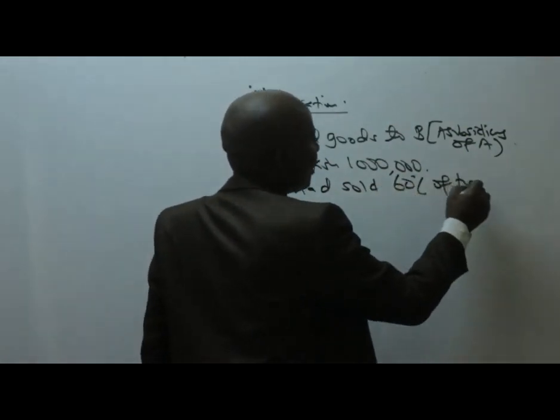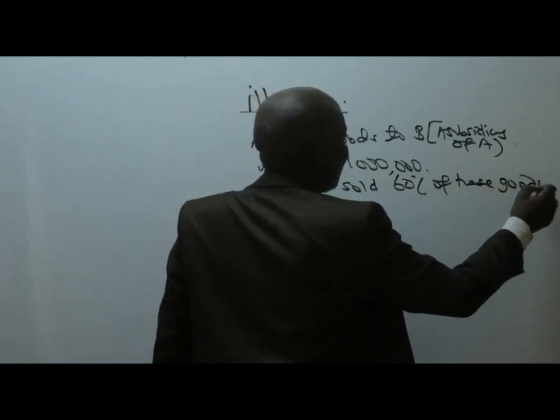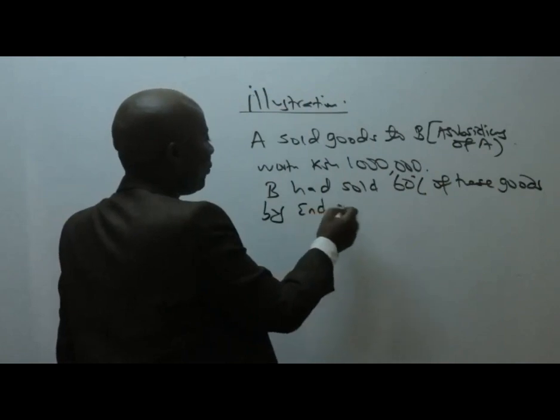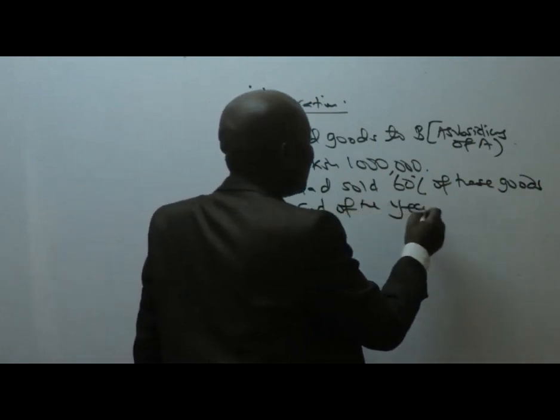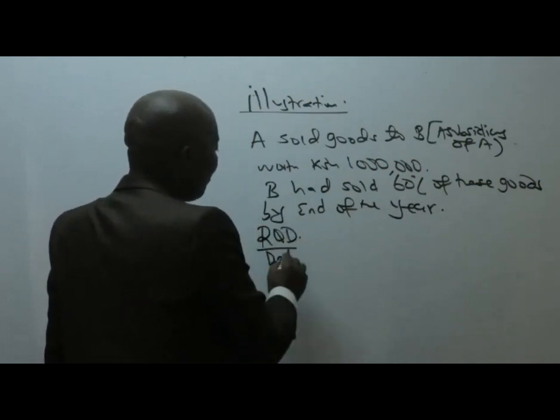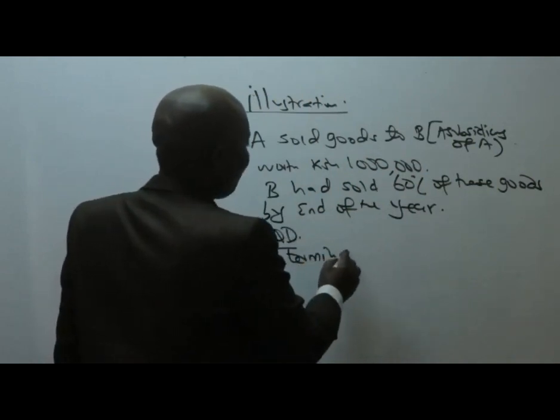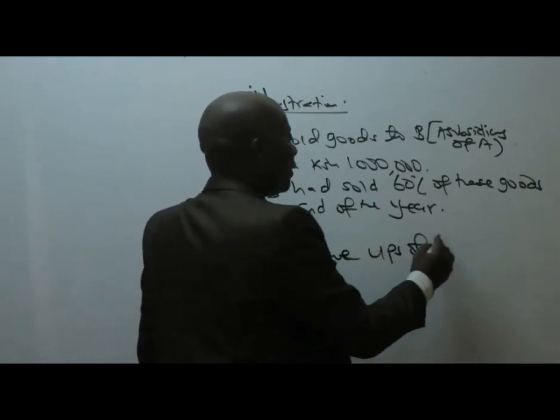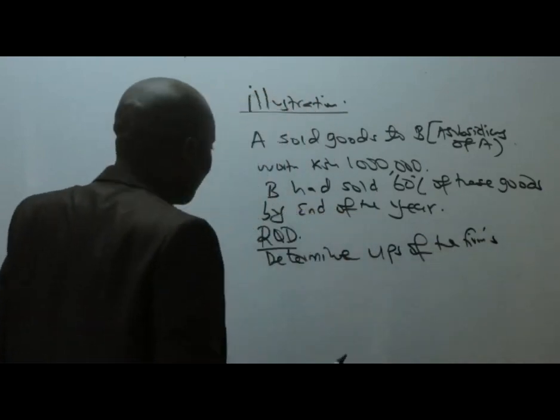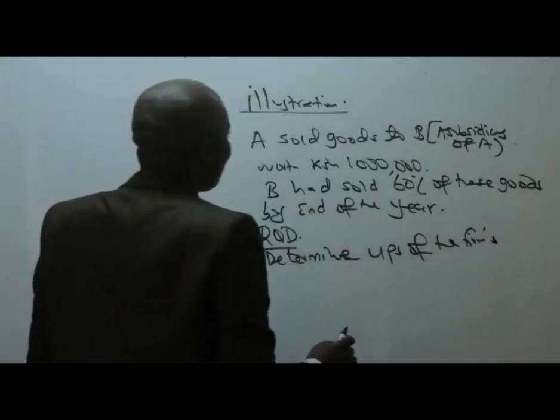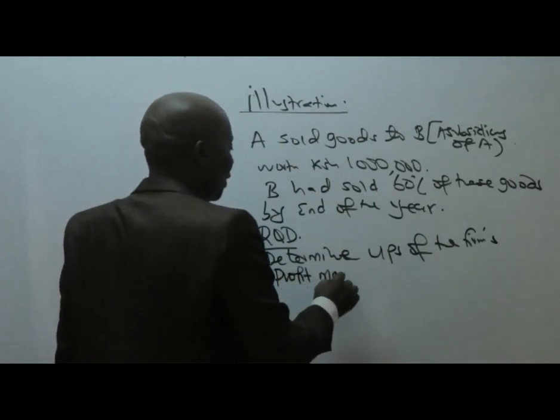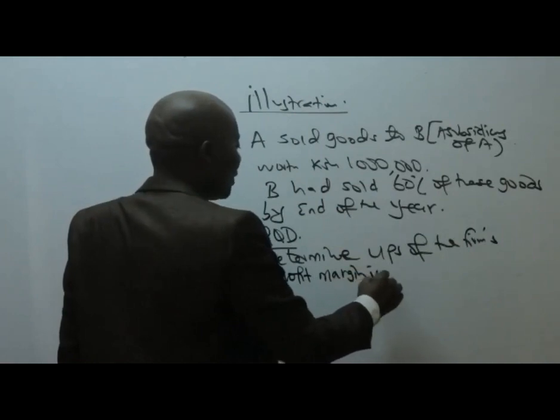B had sold 60% of these goods by the end of the year. We are required here to determine UPS if the firm's profit margin is 8%.